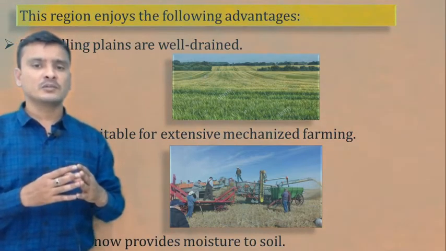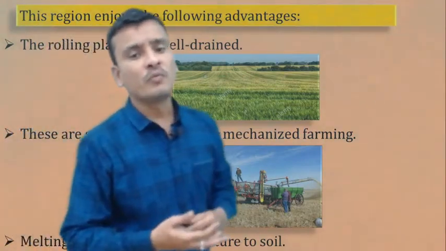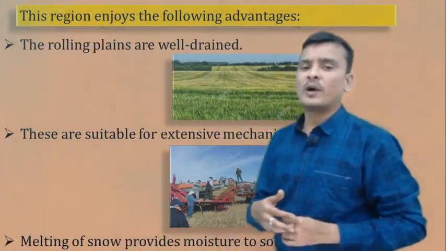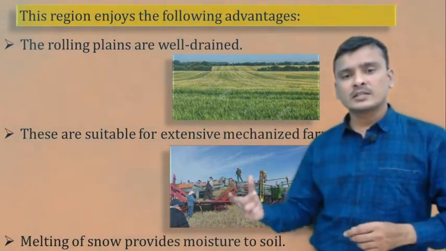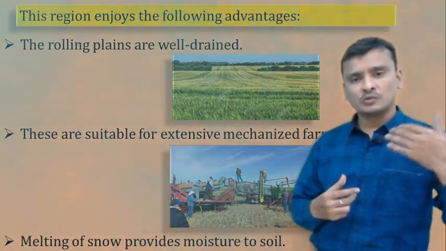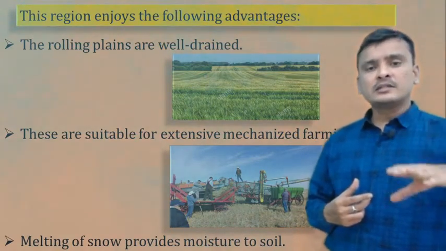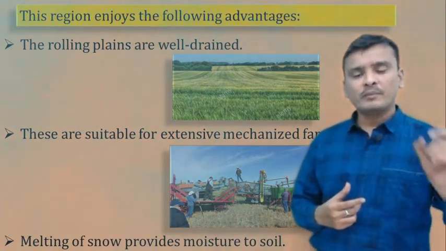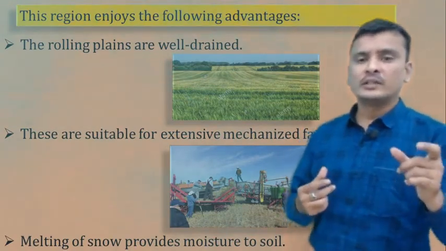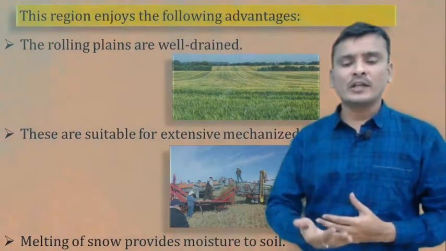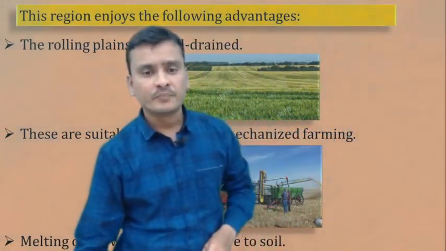More machinery is used for farming, and the snowfall or melting of snow provides moisture to the soil. So even in the summer season we find snowfall in the western countries, and when the snow melts, it provides moisture to the soil. That's why this soil is more fertile for the growth of wheat.